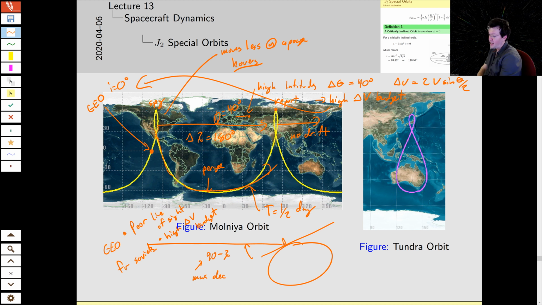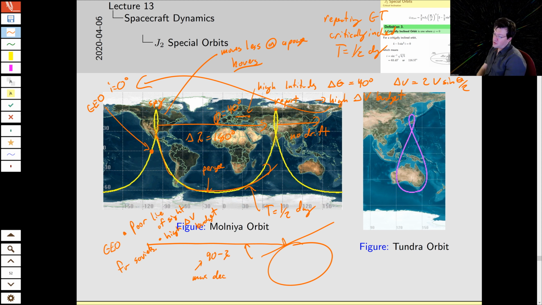And then it comes back here to apogee. It's a repeating ground track. So it needs a repeating ground track, needs to be critically inclined, and needs a period of 1/2 day.